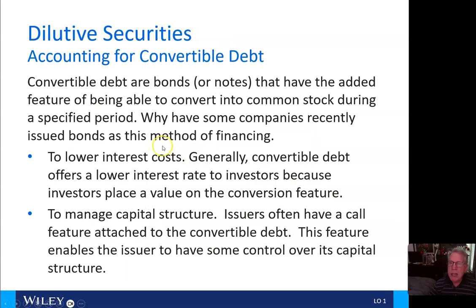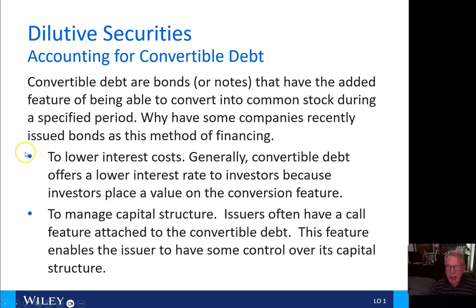Okay, how do we account for convertible debt? Convertible debt are bonds or notes that have the added feature of being able to convert into common stock during a specified period. So why would some companies recently issue bonds as this method of financing? Well, to lower interest costs.